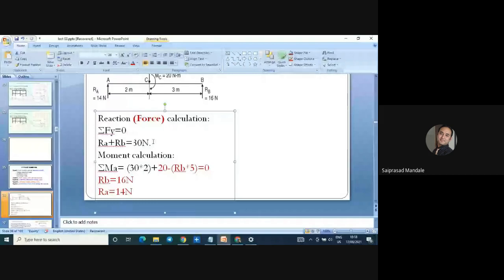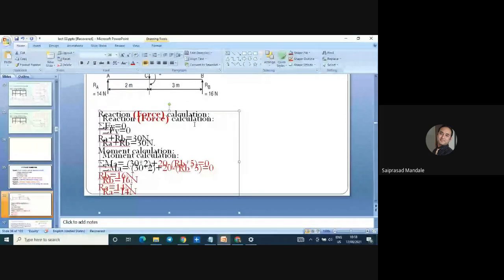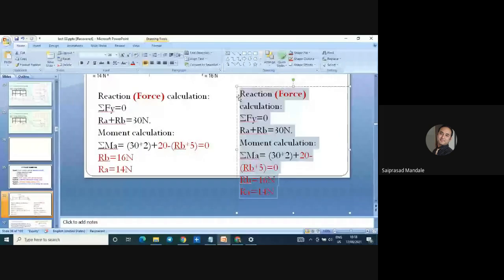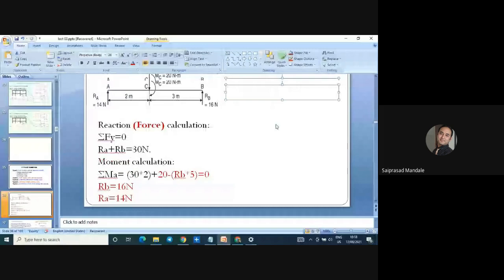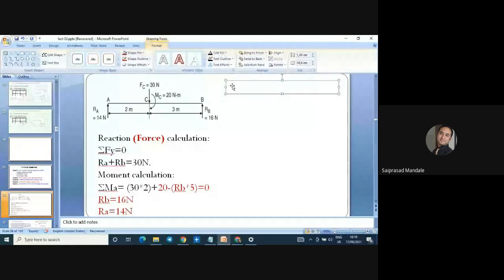Step number 2. What is step number 2? Step number 2 is SF calculation. Can anybody tell me the SF calculation? I am going to help you with it.